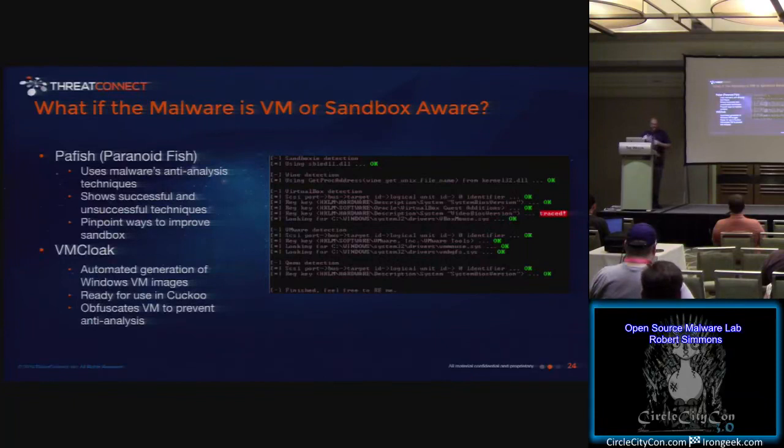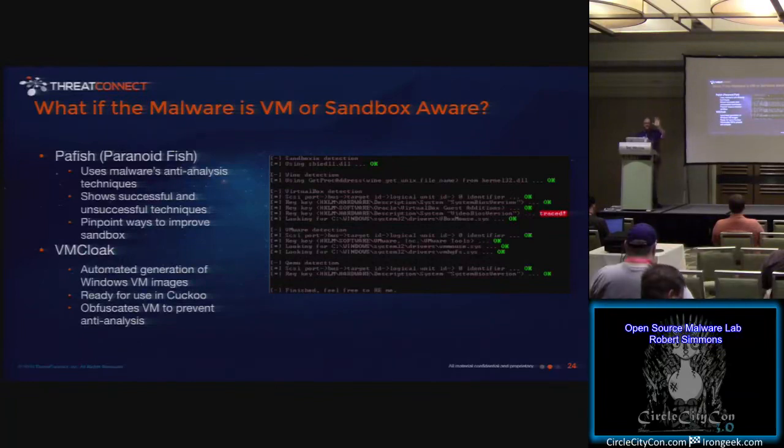So what you do is run Paranoid Fish, or PAFish, which is an executable which implements all of these different anti-analysis, anti-VM, anti-debugging techniques, and it will go through and test for each one of these known techniques that malware uses, and it'll give you a report that's displayed on the screen.